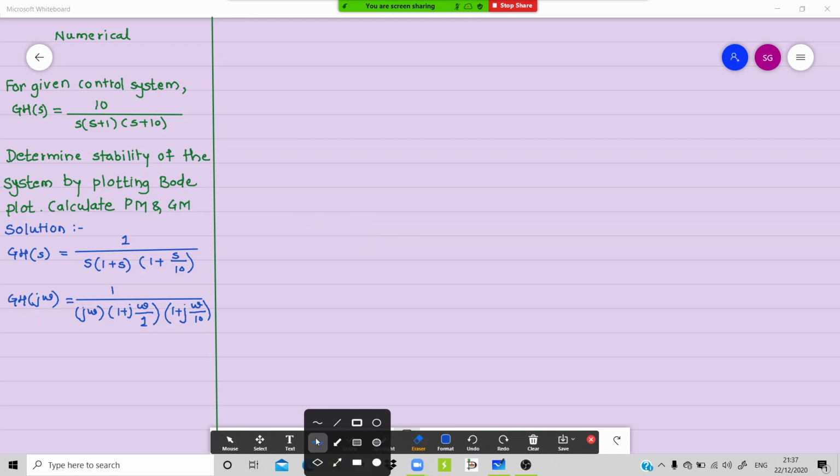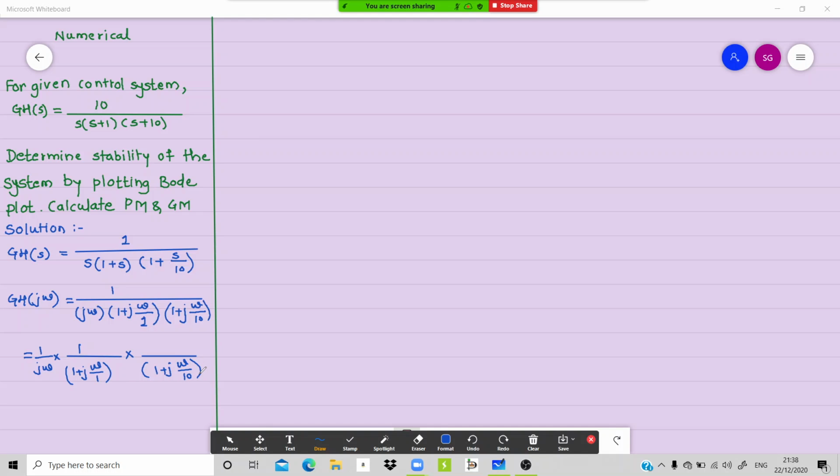Then the next thing that we want to do is write the three factors that the system is having. I'll write it as 1 upon j omega, into 1 upon (1 plus j omega upon 1), and 1 upon (1 plus j omega by 10).